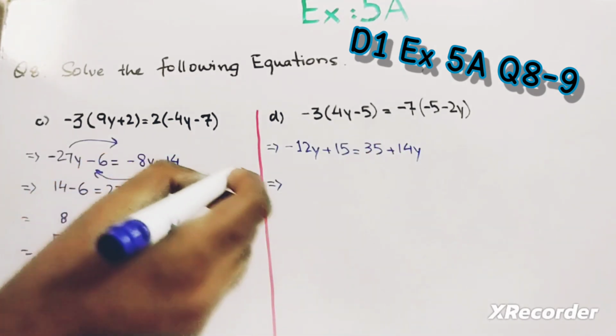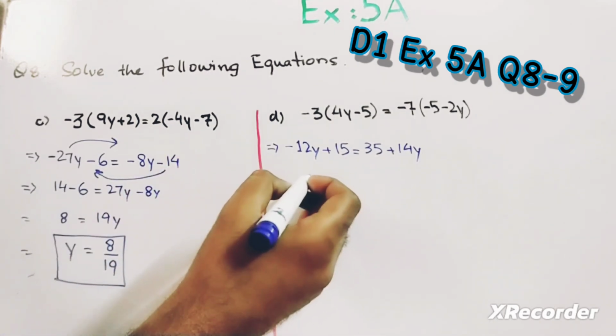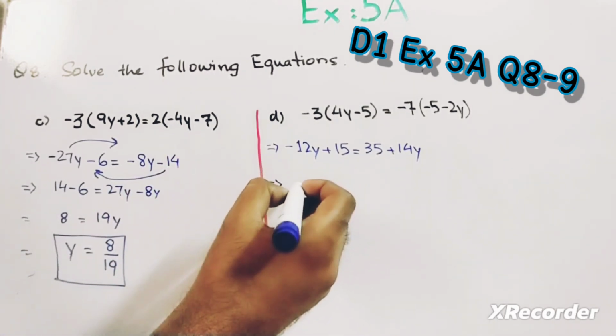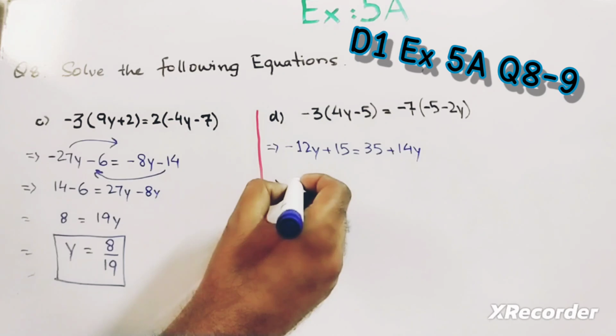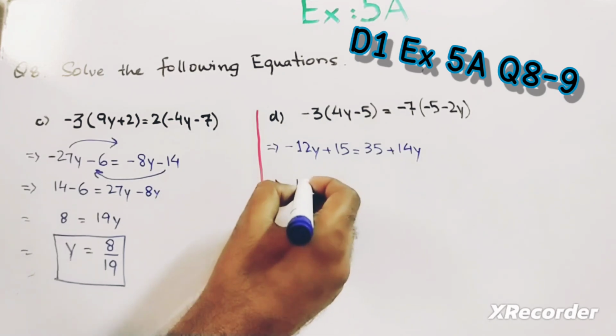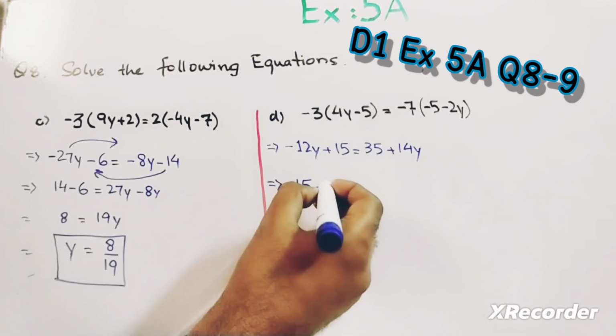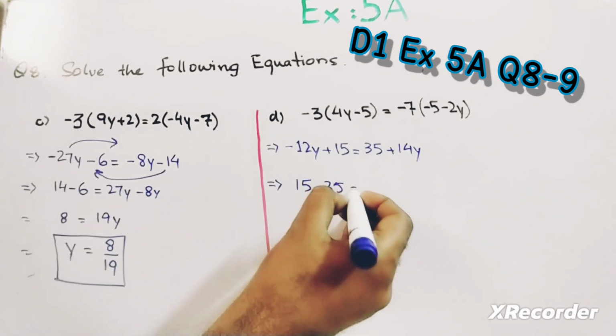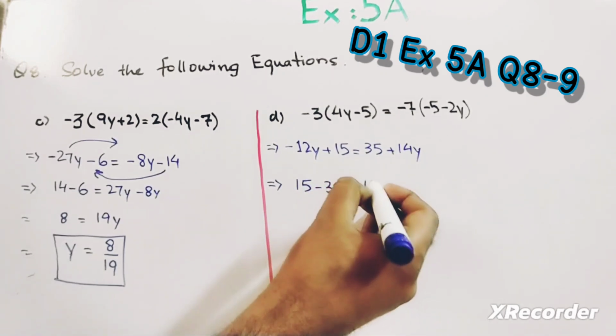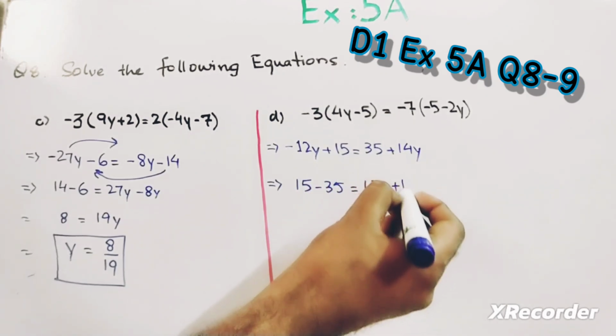Now by rearranging, we get 15 minus 35 and 12y plus 14y.